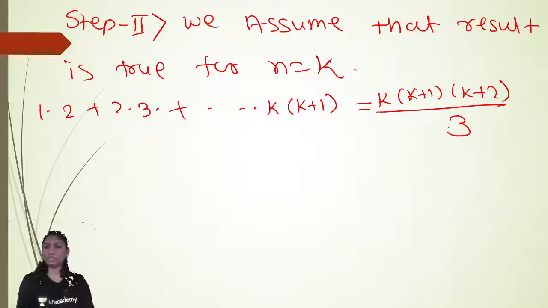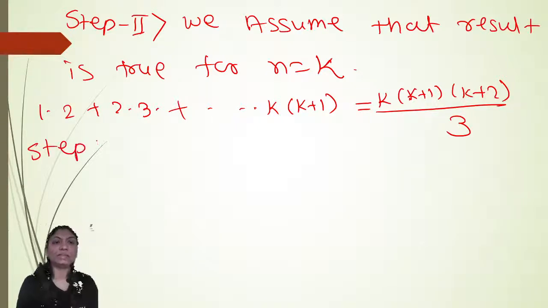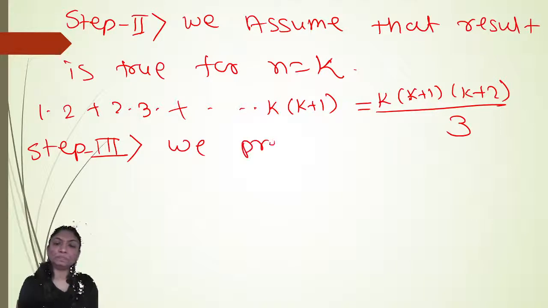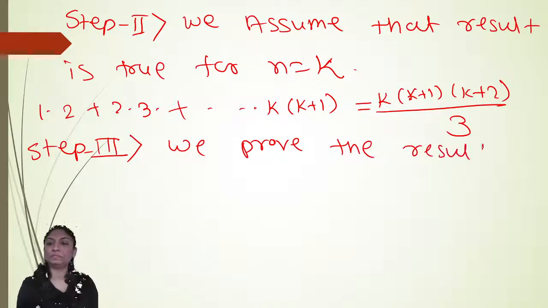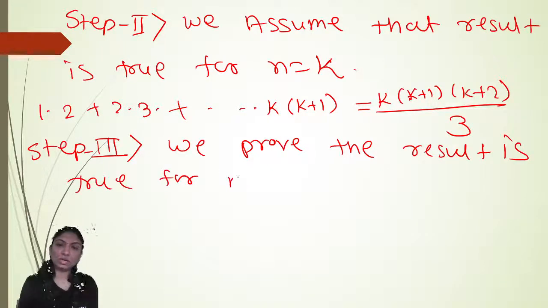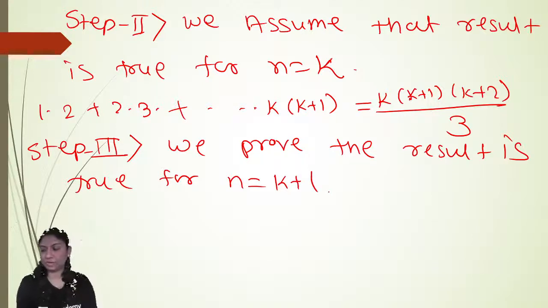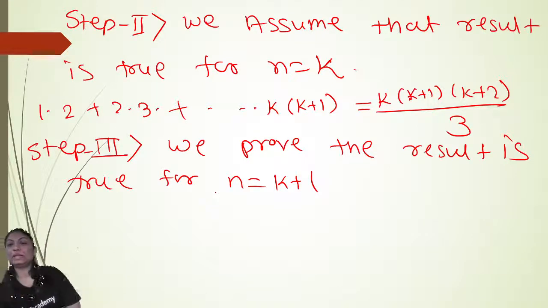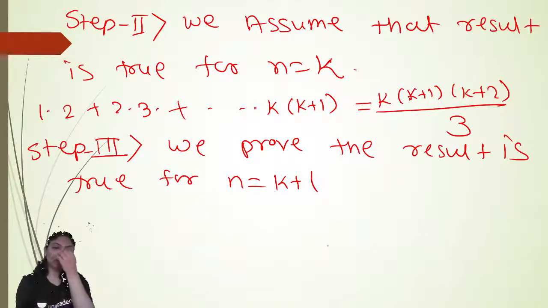Here we already assume that the result is true for n is equal to k. Now in step 3, we will prove that the result is true for n is equal to k plus 1.